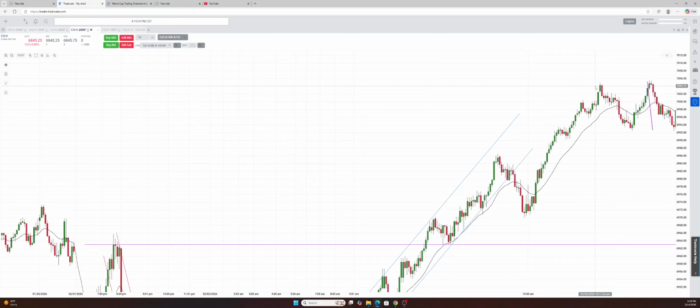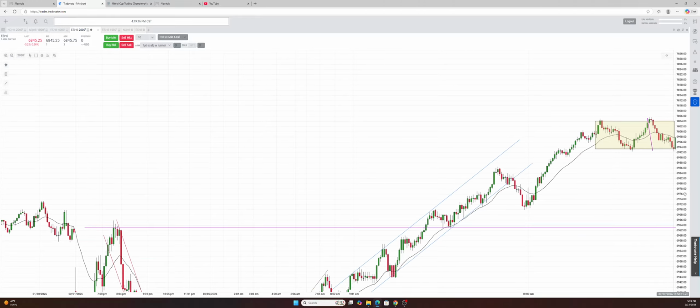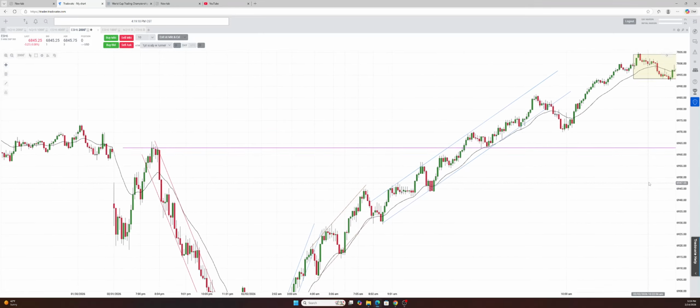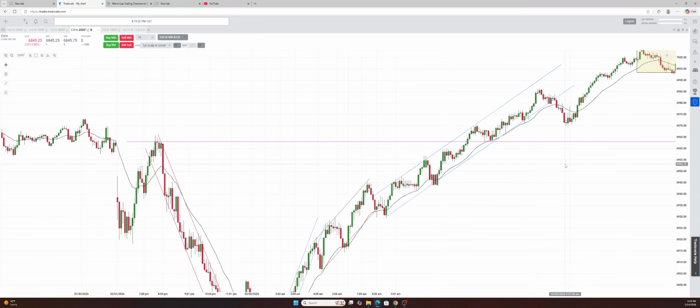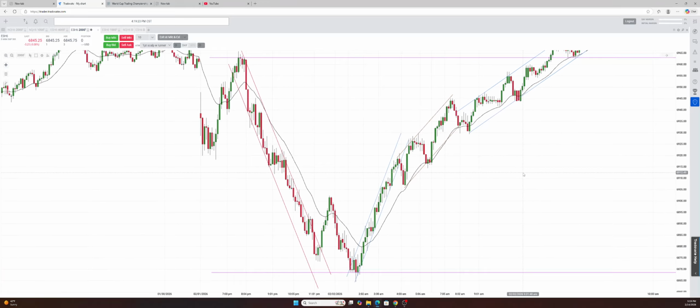And so I might draw something like this. Let's see if this pops up again. Maybe this is going to turn into a range here. Because sometimes when markets get exhausted in one direction, before they reverse, they will break, create a new low, and then just reverse.